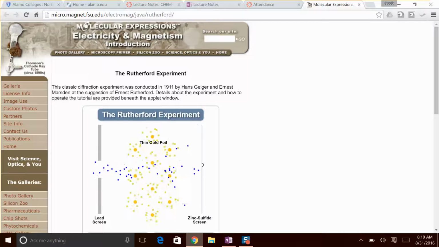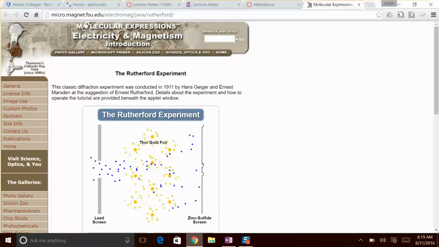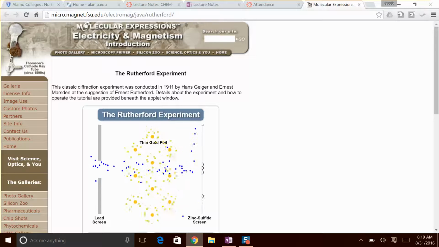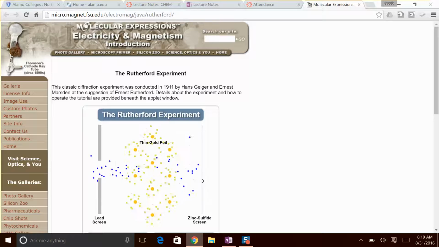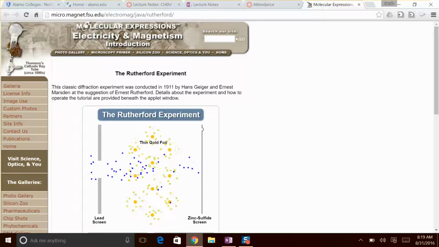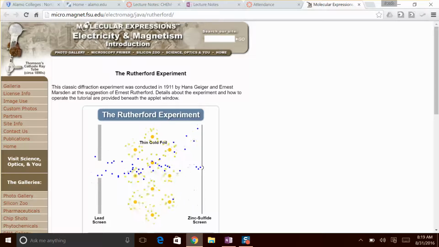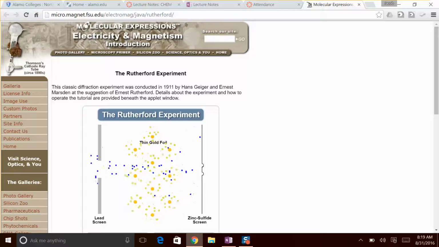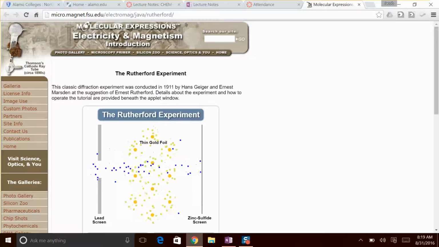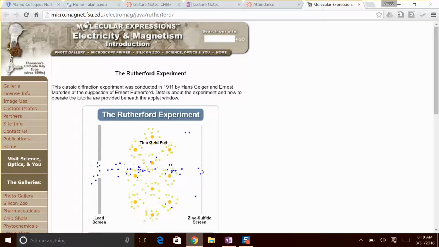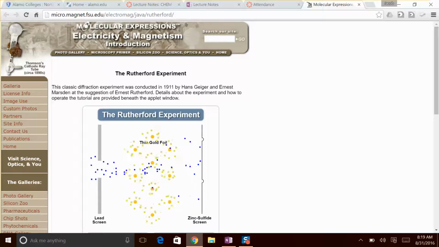We know that. They didn't know that, right? And here around it are the electrons. You can see this is gold, so that's that sea of electrons I was talking about, those free-flowing electrons. Okay? So they're shooting these positively charged alpha particles, nuclei, through this gold, and you can see most of it's going right through. It's just hitting right here.